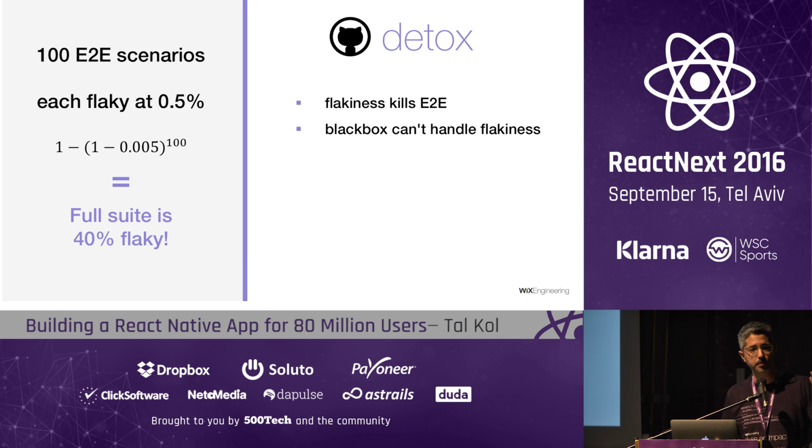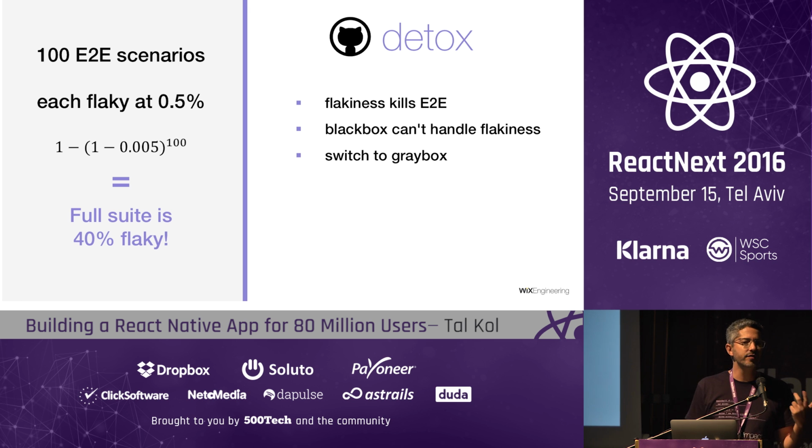That makes a lot of sense because you want to test what you're actually shipping, of course, but it doesn't scale. So what we believe we have to do is switch to gray box testing. Gray box testing means that you take code and inject it inside your app, and this code helps you test it end-to-end. So this violates the black box concept, which is good, but we believe it's worth it.